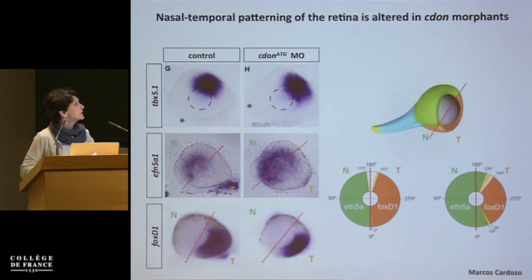This has an impact on nasotemporal patterning, as probably expected.